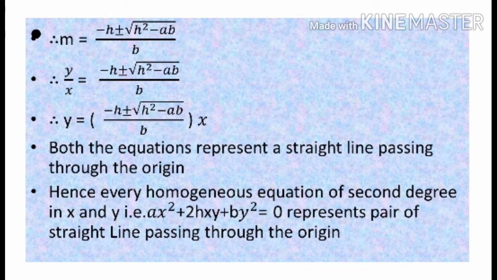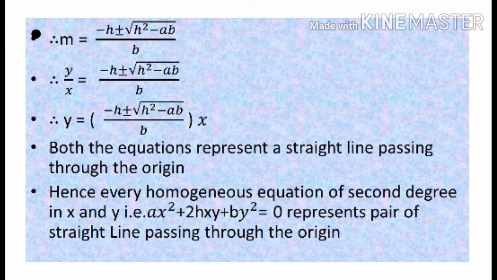Now value of m is y/x, therefore y/x = (−h ± √(h² − ab)) / b, and therefore y = ((−h ± √(h² − ab)) / b) x. Now this equation is of the type y = mx, and we get two values of m here.